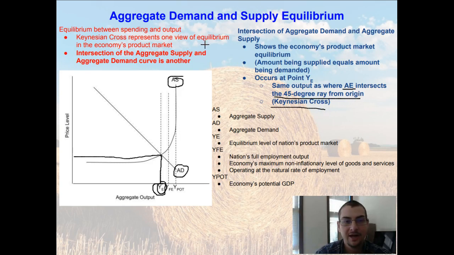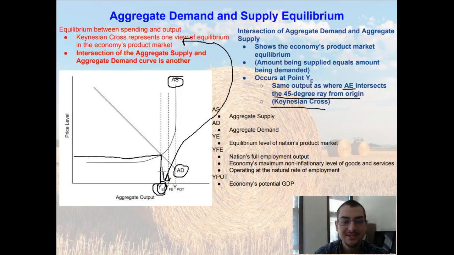So that aggregate equilibrium output that you find up here in the Keynesian Cross will be the same one that we're finding right there. Those two numbers equal each other.